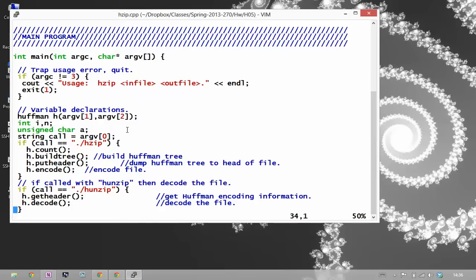I'm mostly using my code as a vehicle to discuss some of the issues that you're going to encounter no matter how you choose to organize your program.